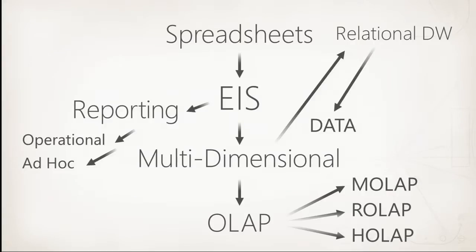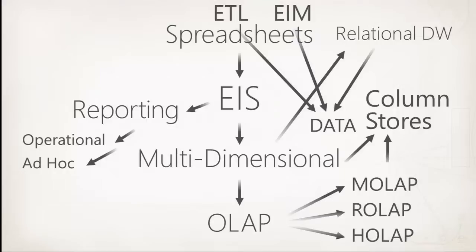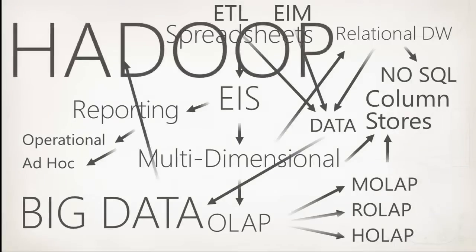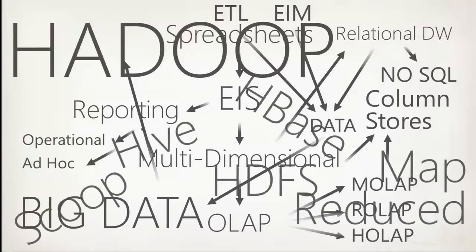And DW models you put back into the data. And you need some kind of extract process to clean it all, and column stores, and NoSQL came along after we made SQL a success. And then, of course, big data. Big data is a big new thing, and everybody's talking about big data. And that comes with a whole bunch of Hadoop, and what do we have? We kind of have that mess, just like when I went from entering simple tables into trying to create a data system, right?